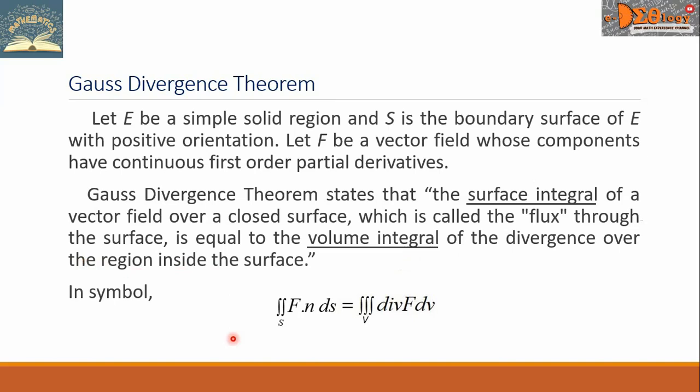In symbols, we write: double integral over S of F dot n dS is equal to triple integral over V of divergence F dV. This is our working formula.